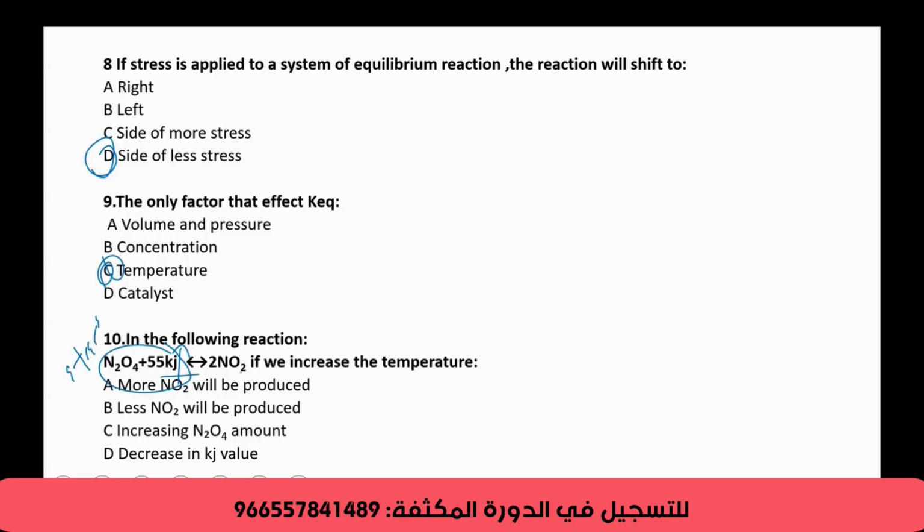What will the system do, go forward or reverse? Yeah, forward. So consequently, nitrogen dioxide will be more or less? Nitrogen dioxide will be more. Dinitrogen tetraoxide will be less. So question 10, the answer will be, yeah, very good. Number A is perfectly right.